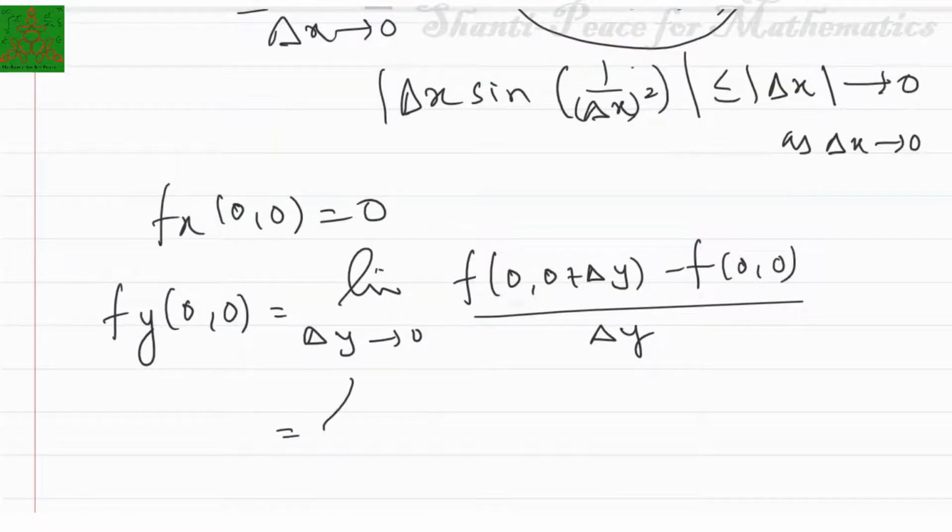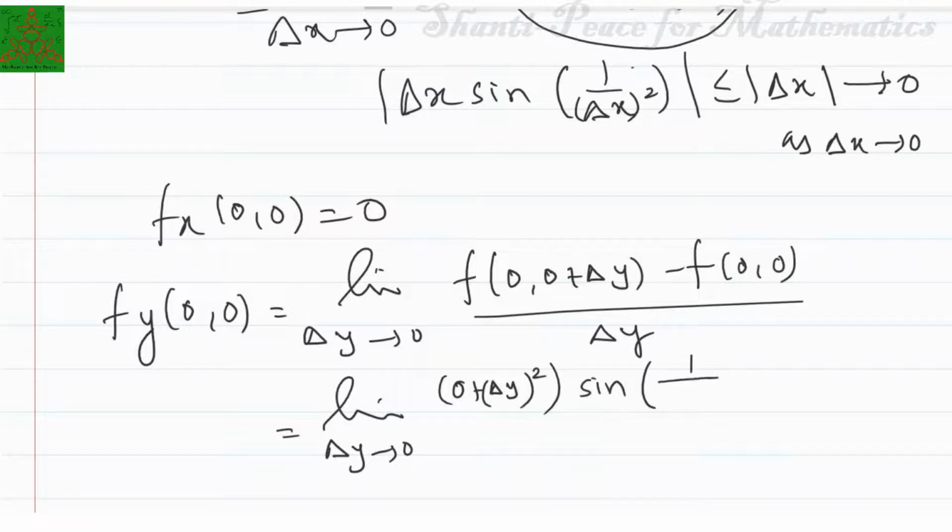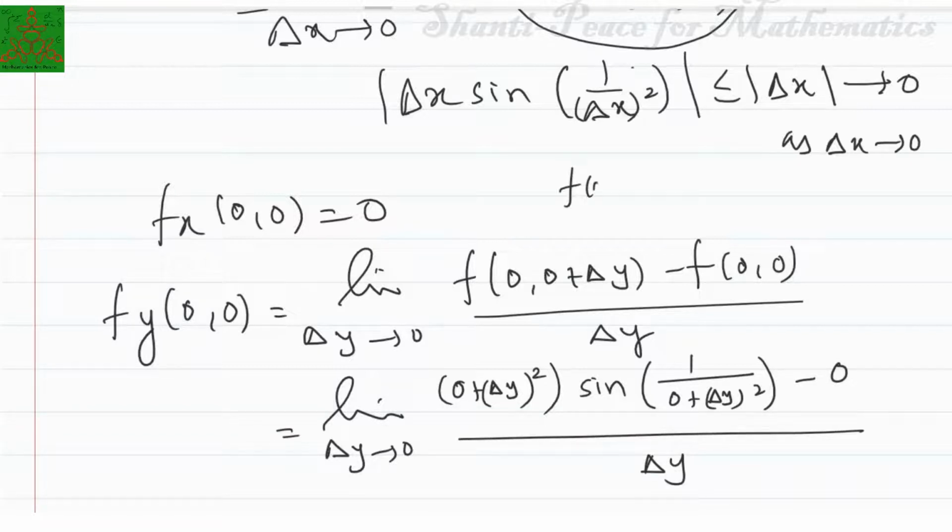Now you can see that this is nothing but the limit of (0 + delta y) square sine 1 upon (0 + delta y) square minus f(0, 0), which is 0, upon delta y. As you know, the function f(x, y) is x square plus y square into sine 1 upon x square plus y square.